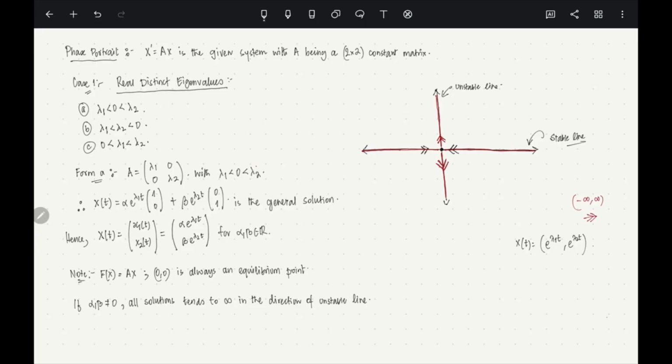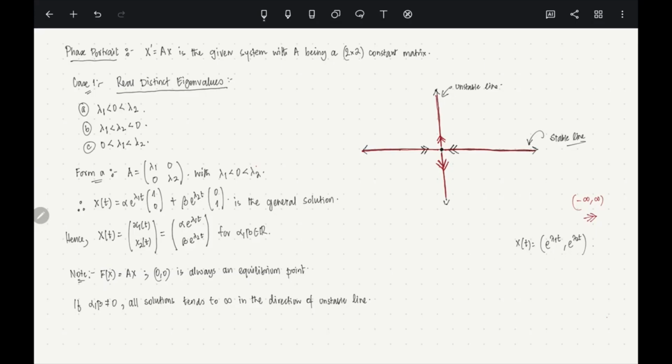Please understand this, all of these trajectories are individual solutions of this system. Lambda 1 is negative, lambda 2 is positive, and we want to see what this trajectory looks like.